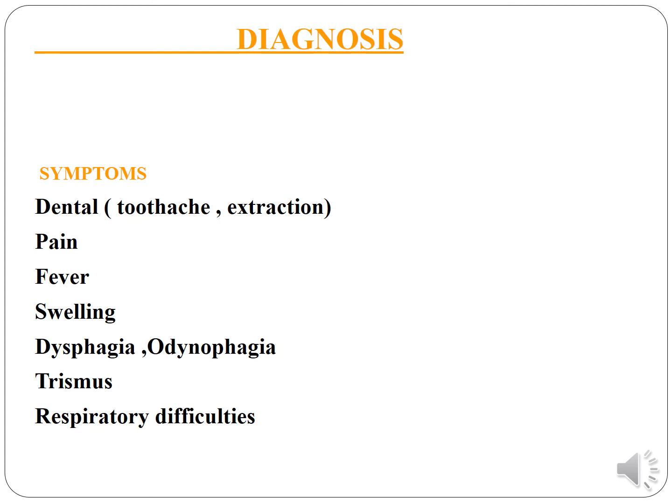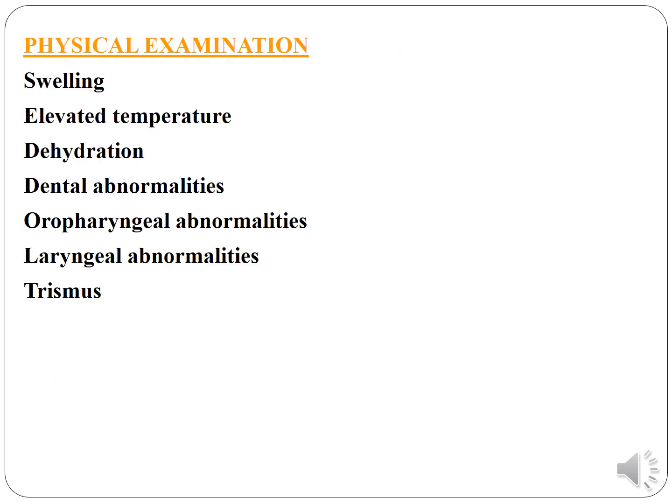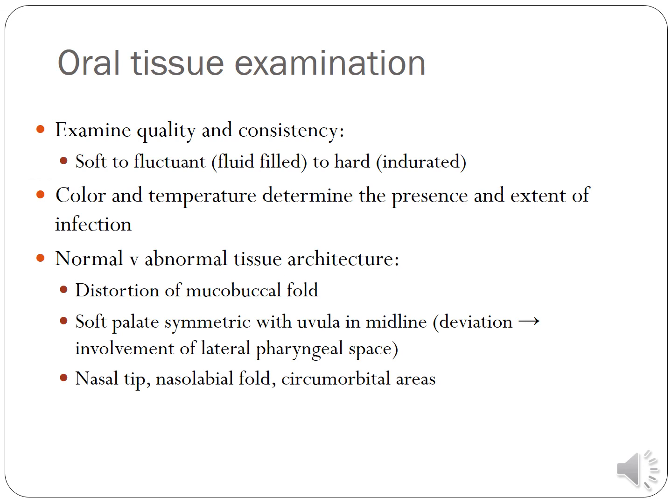How do you come to a diagnosis? Look for the symptoms. If it is dental, there can be a toothache or a post extraction history, or there is going to be pain, fever, swelling, dysphagia, trismus, or respiratory difficulties. Examine the swelling, check for elevated temperature, look for dehydration symptoms, dental abnormalities, oropharyngeal abnormalities, laryngeal abnormalities, and trismus.